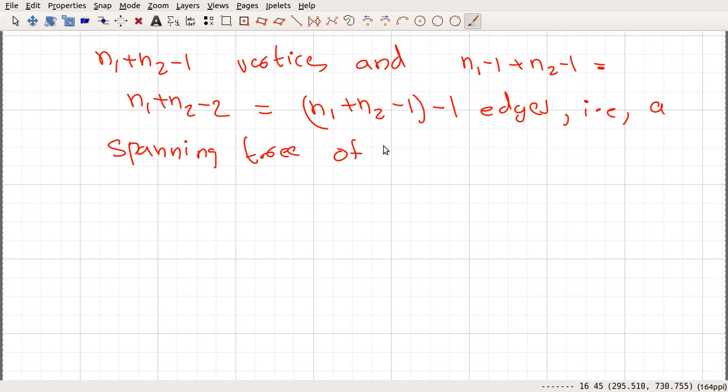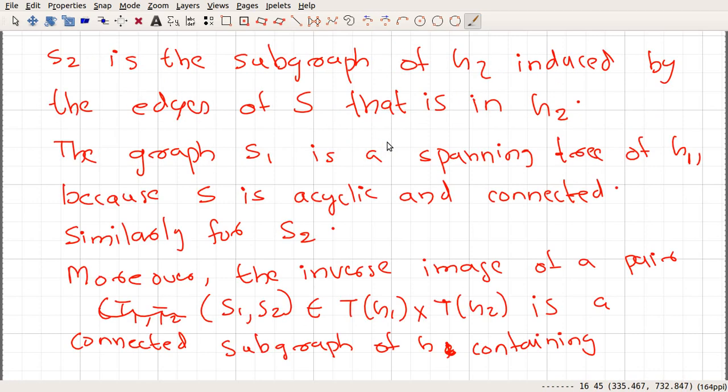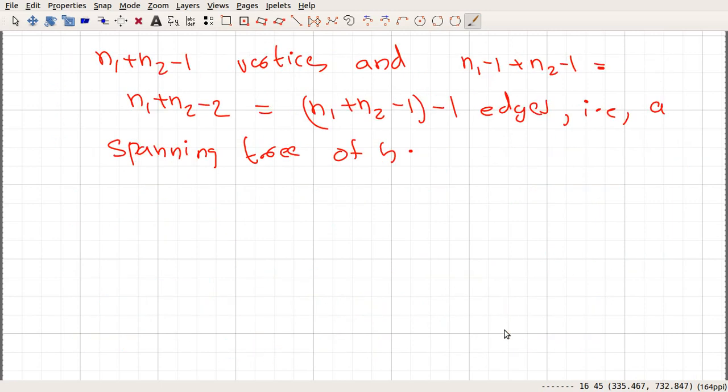It's a spanning tree of G. Okay, so that's what I said here. The inverse image of the pair is a connected subgraph of G containing this many vertices and this many edges. Okay, so it looks like a tree and it contains all the vertices, so it's a spanning tree of G.